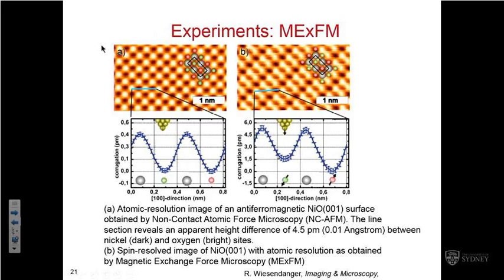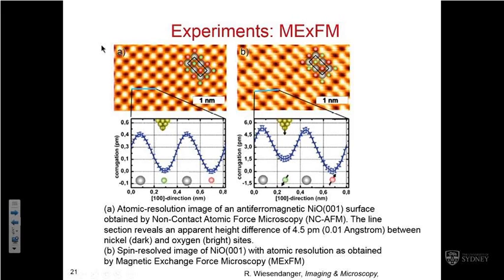It's an art creating the tips of your materials as well. But you can see quite clearly the difference between the height of this oxygen atom and this oxygen atom. So you have been able to resolve that these oxygen atoms are of different spins.